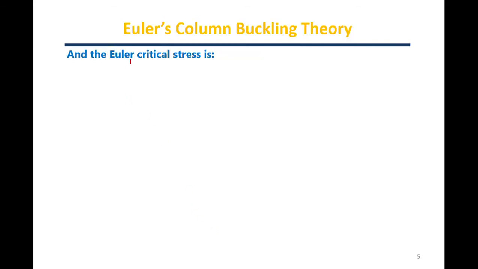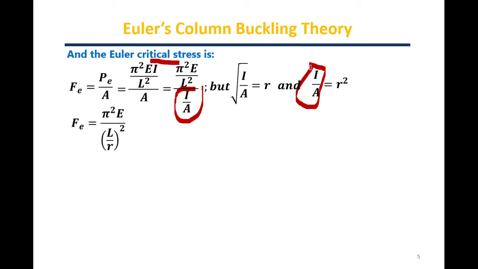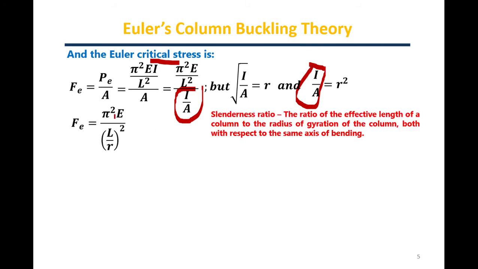Okay, so for the critical stress, we have Fcr is equal to Pcr over A. So we have the formula for the Euler's formula. Kinuha natin, binaba natin I over A kasi ang alam natin na I over A is R squared, R is equal to square root of I over A, or squared natin to get the I over A. Otherwise, pwede natin gamitin yung pi squared E over L over R squared.